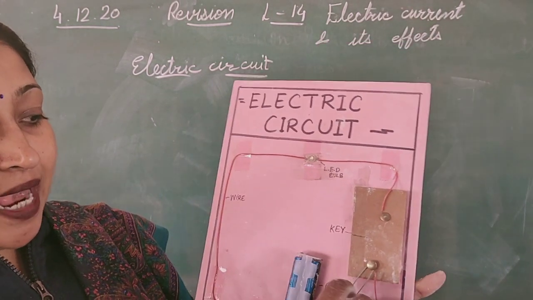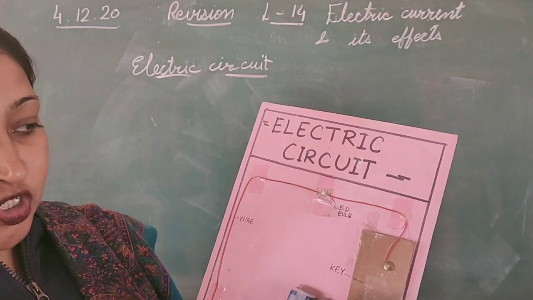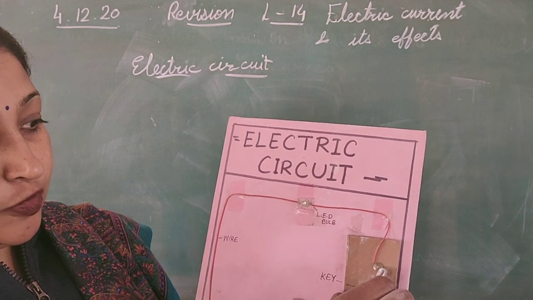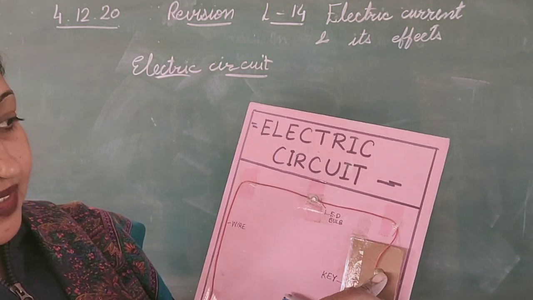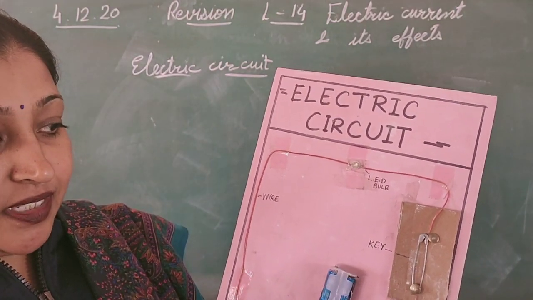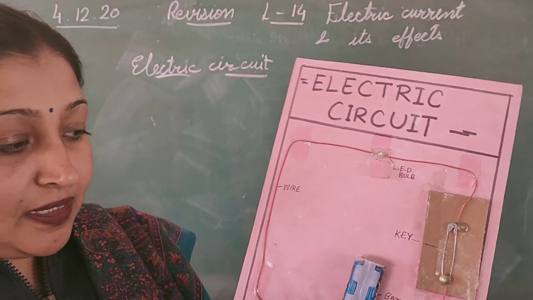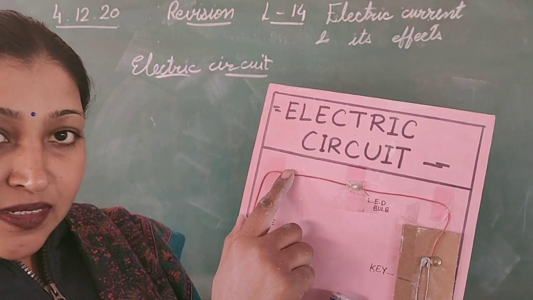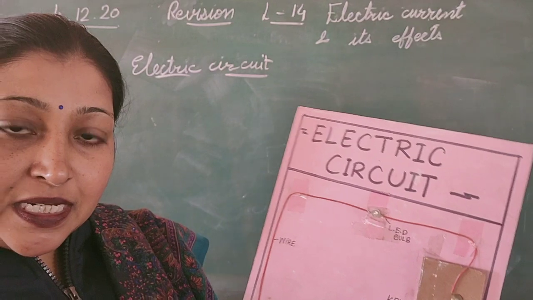So wires and this safety pin will act like a switch. When I press it, it will glow a bulb. So children, this is an electric circuit. An electric circuit consists of a source, that is battery or cell, then electric wires, third is a bulb, and the other is a switch. Is it clear?